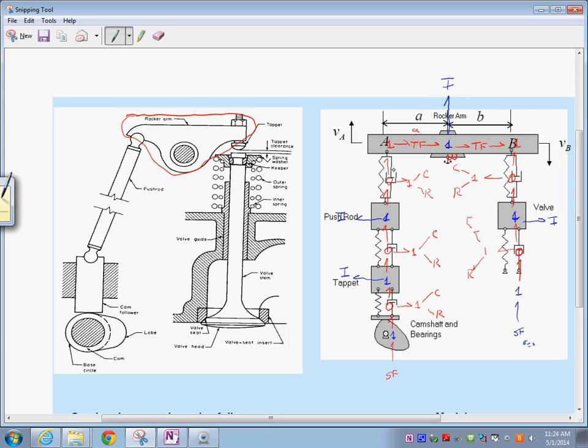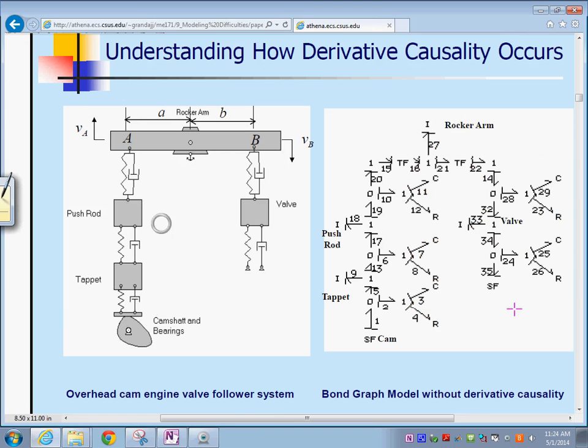But I am pointing it out because in order to understand derivative causality, what I did is I started with a system that is totally normal. I didn't start with a system that had problems and then try to see what we can do.